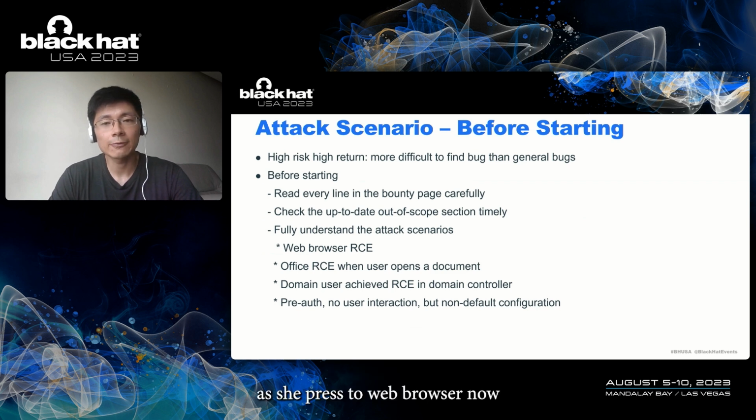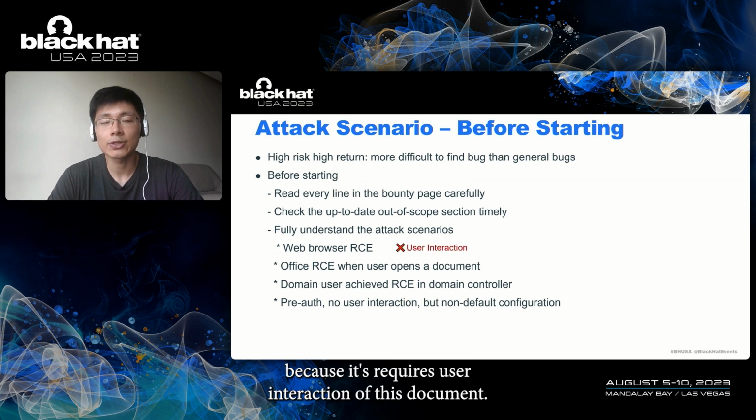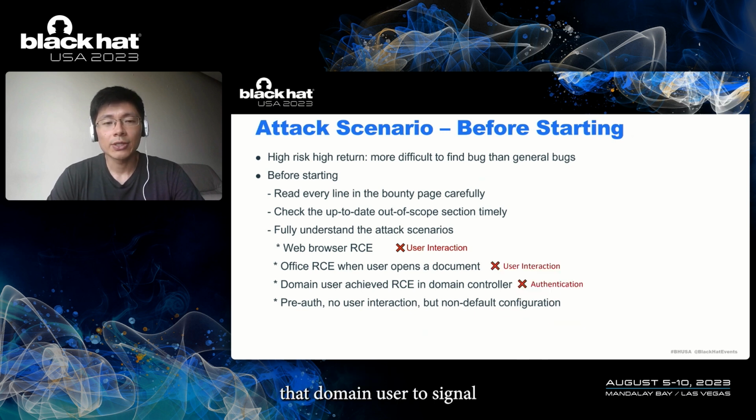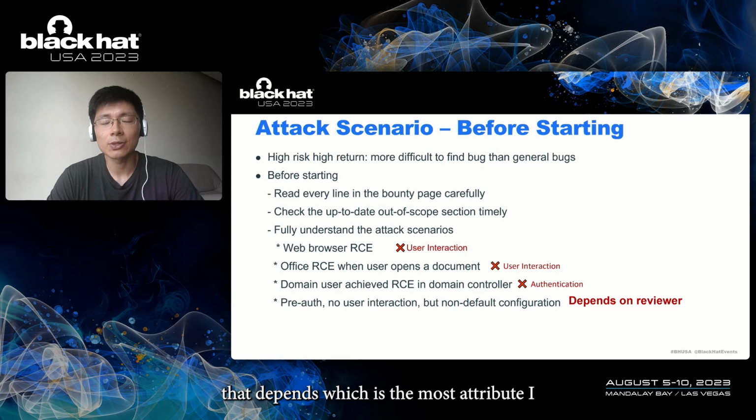Let's see. First, web browser. No, because it requires user interaction. Office document. No, for the same reason. The domain user to DC. No, because a domain user requires authentication. And the non-default configuration, it depends, which is the most tricky type.